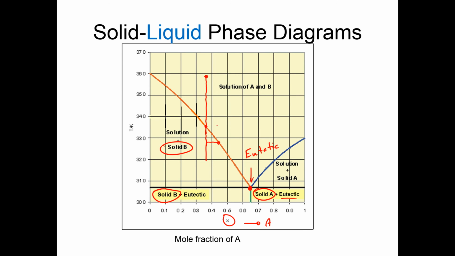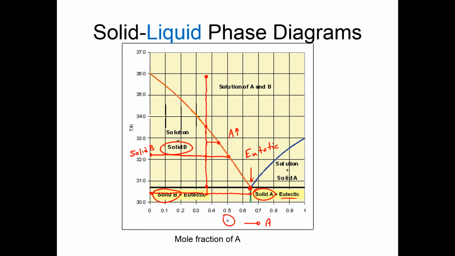So as you continue down, you're going to start making your solution higher concentration of A. But then you're also going to condense out solid B as well. And then at a certain temperature, it's just going to form solid B and then eutectic, which is also a solid. And we can also use the lever rule in this case.